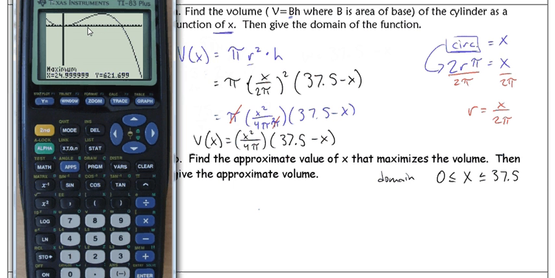And so as it's getting closer, the pixel that's nearest to it is at 24.999, not actually at 25. But you'd be safe to assume 25 would be the x value that would give you your maximum volume, with the maximum volume being 621.7. So hope that helped. All right.